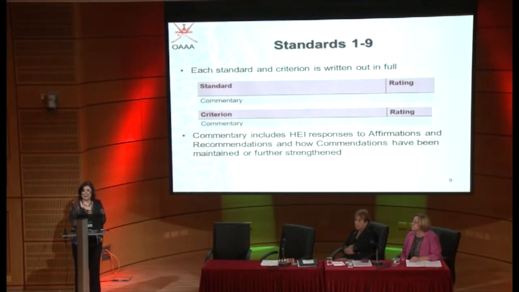So the idea is that an institution will say, okay, in the area of graduate attributes, we received an affirmation, and this is what we've done, and since then we've done X, Y, and Z, and that's why we think we deserve this rating, and here is the evidence to show. Also in an area of commendation, where an institution has been doing something well, you show how you have continued to maintain that in order for that area perhaps to be awarded with merit.